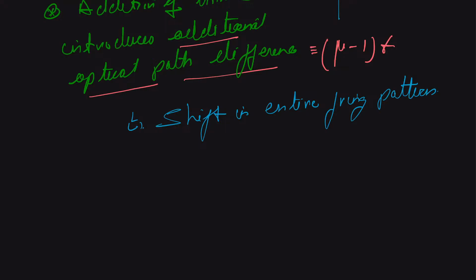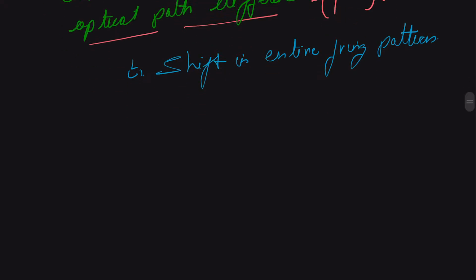And the relationship between the shift, which is our delta y, is given as capital D over small d times mu minus 1 times T. So this is the relationship between the fringe shift and the path difference.